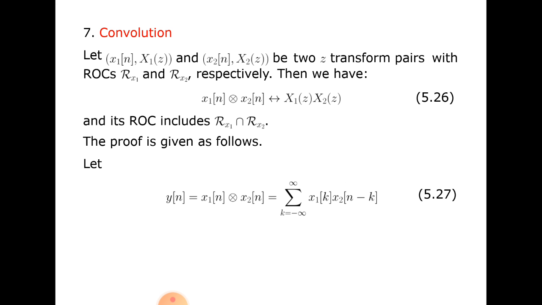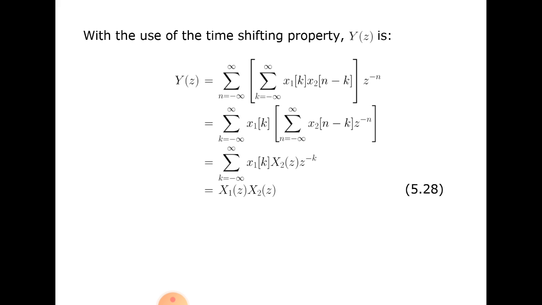The proof is given as follows. Let y[n] be equal to x1[n] convolved with x2[n], which is equal to the summation over k from minus infinity to plus infinity of x1[k] x2[n minus k].